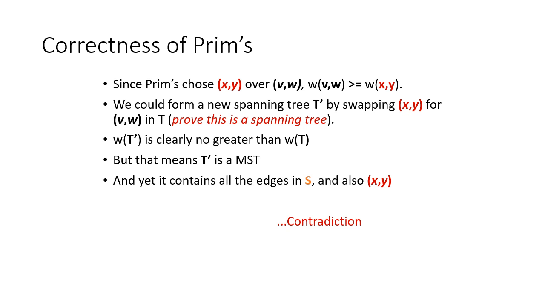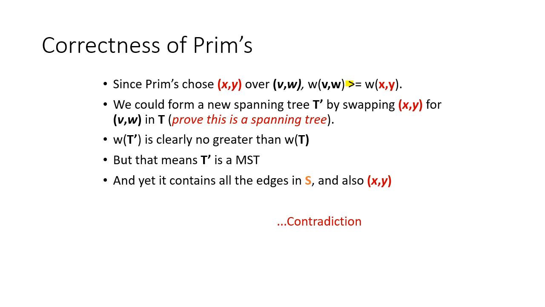So, since Prim's selected XY over VW, the weight of VW is greater than the weight of X and Y, we could form a new spanning tree T prime by replacing VW with XY in T, proving there's a spanning tree.